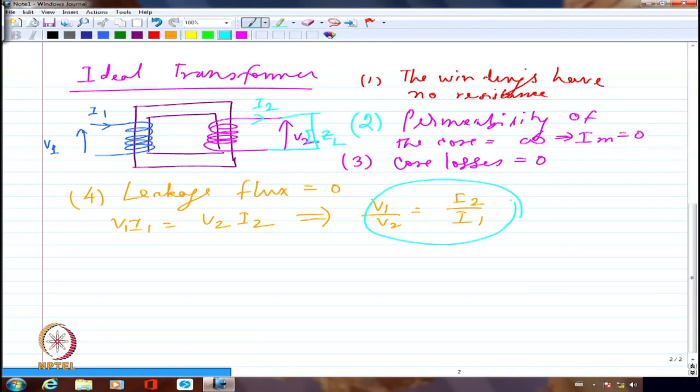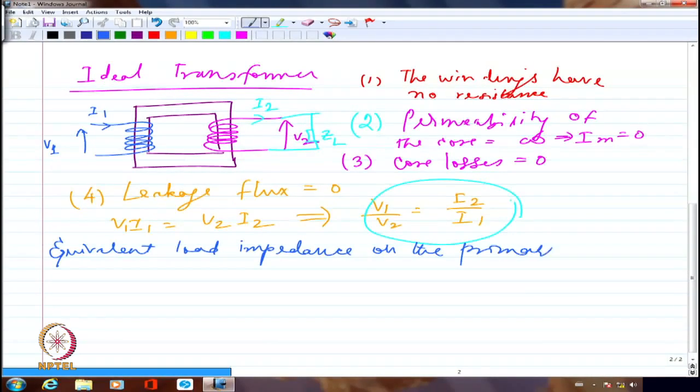Right. Now I would like to represent this ZL on the primary side, or I want to transfer the impedance from the secondary side to the primary side. So if I want to find out what is the equivalent load impedance on the primary side.